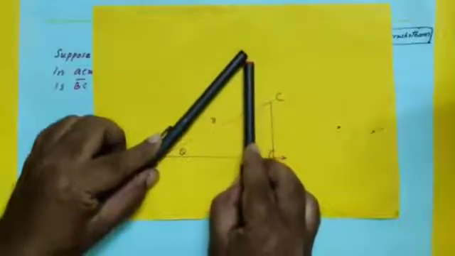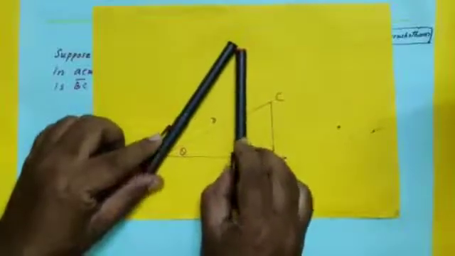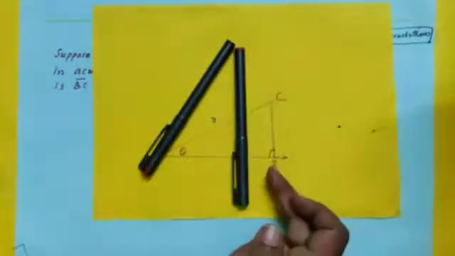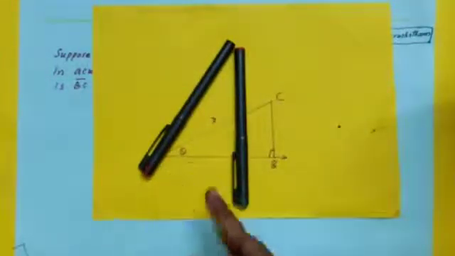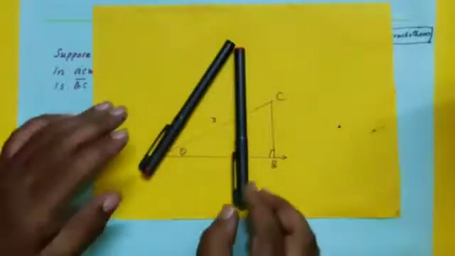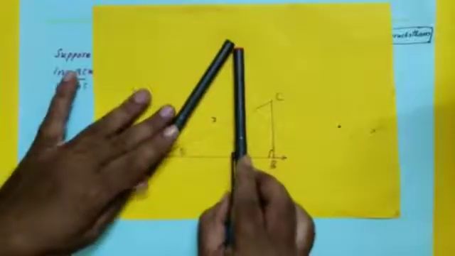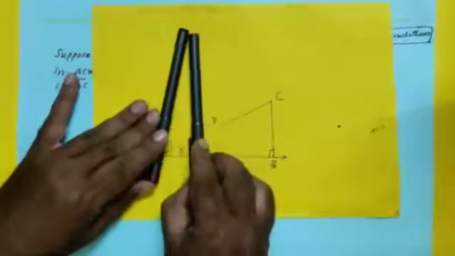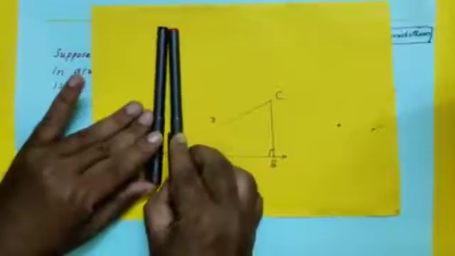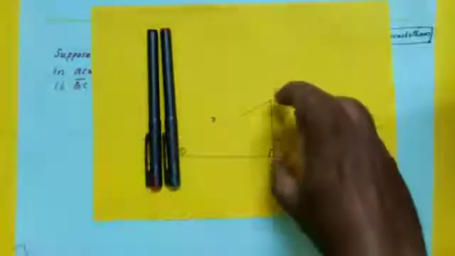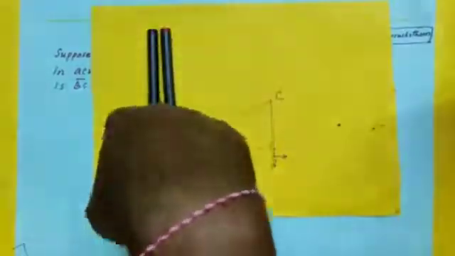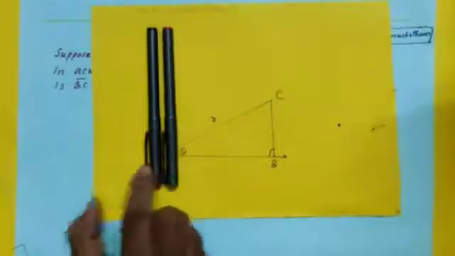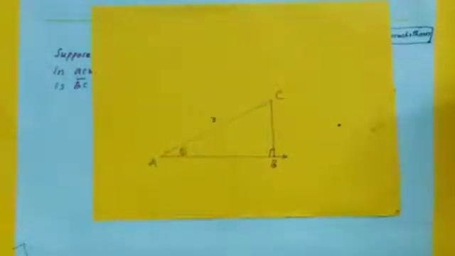This BC length increases, and B point is moving towards AC. When this theta is 90 degrees, BC and AC are equal, and the distance between A point and B point is 0. Is it clear?